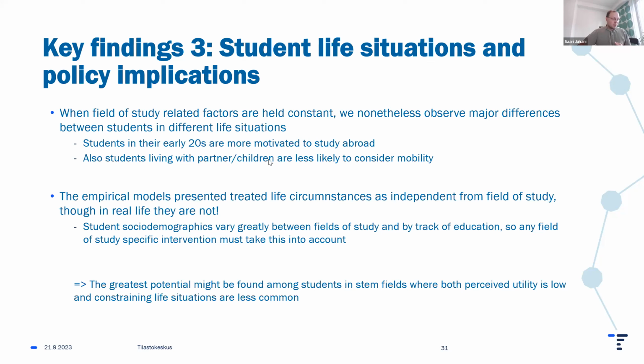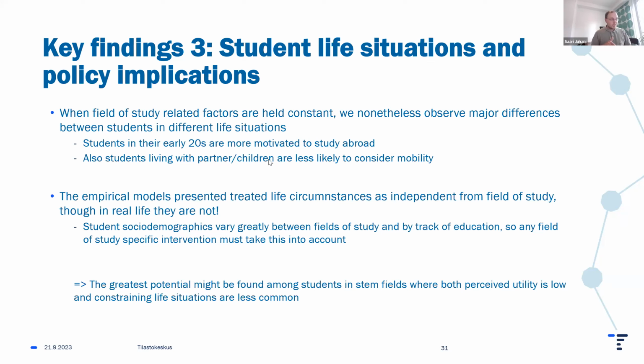And since the socio-demographic composition of students by field of study varies quite a lot, most of the students in the health and social sector in the UAS educational track are women in their late 20s, early 30s with families, whereas the STEM and ICT students in the university sector are the youngest and have the fewest family ties out of all student groups.